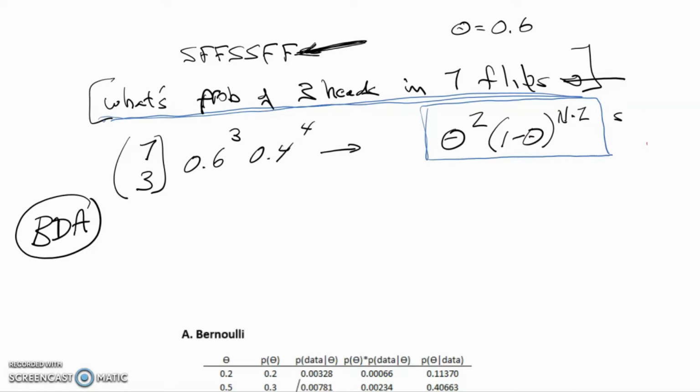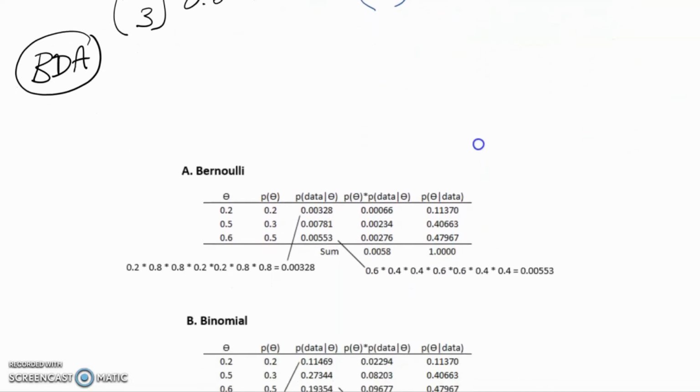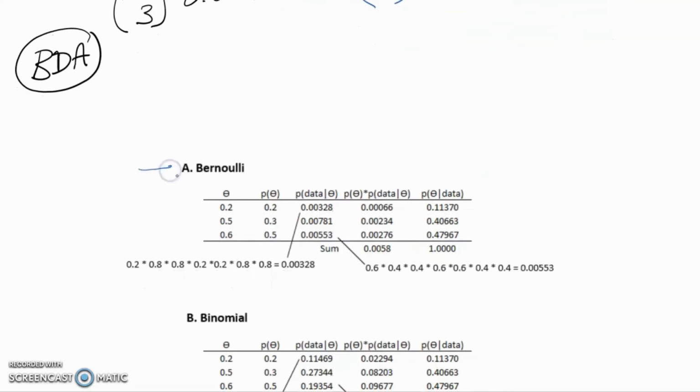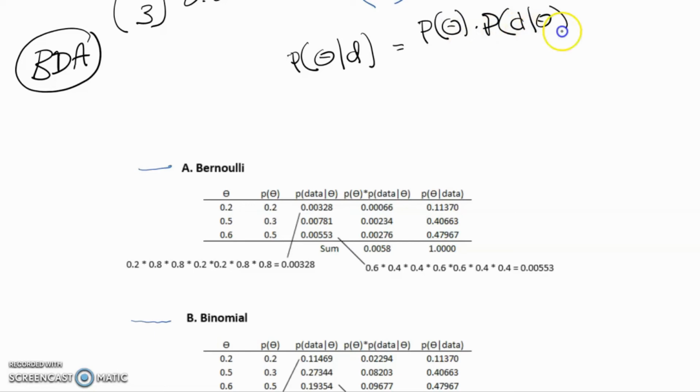So how can we possibly justify tossing away that really important coefficient? And that's what I'm attempting to explain down here by comparing a Bernoulli and a binomial using, as you recall, the basic idea of Bayesian statistics: the probability of theta given data is equal to the probability of theta times the probability of data given theta divided by the probability of the data.